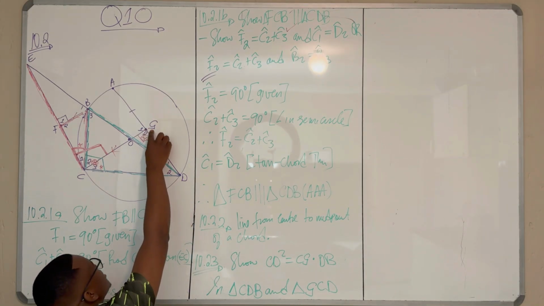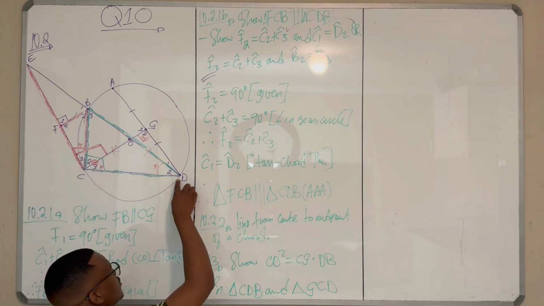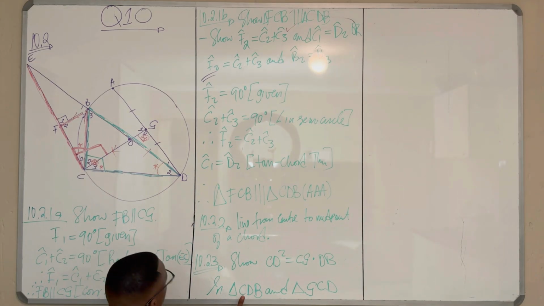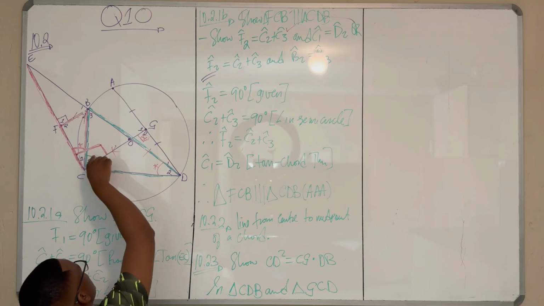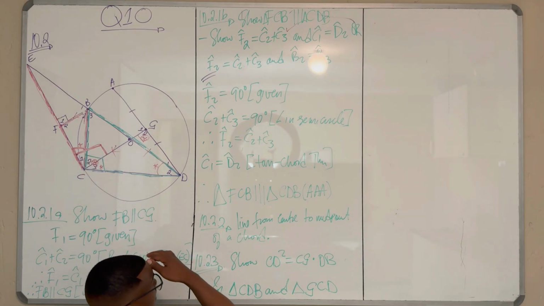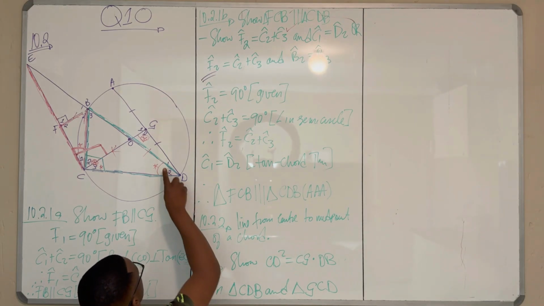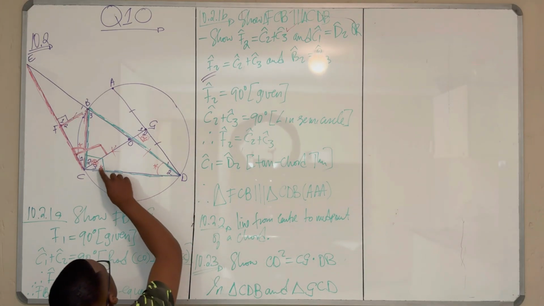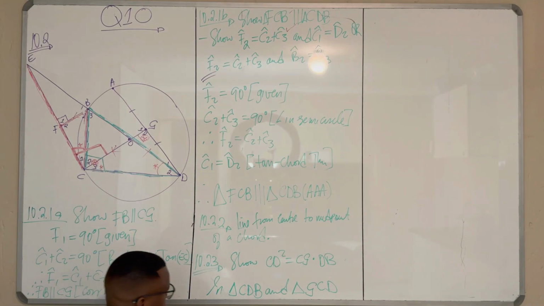So I started at angle G, I went to angle C, I went to D. So what I'm saying is this C of the green triangle is G of the purple triangle. So this C of the green triangle, this C2 and C3, I'm saying it's the same as G. And I'm saying angle D of the green triangle, which is D2, is the same as angle C of the purple triangle, which is C3.